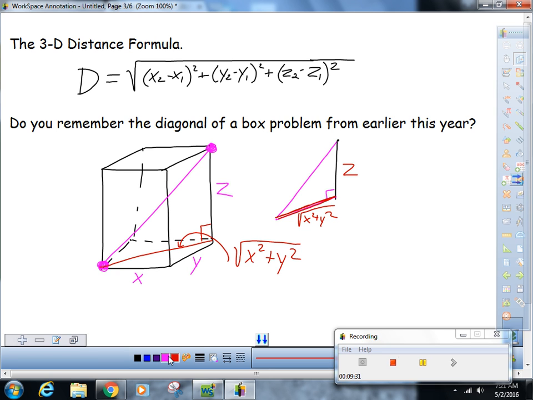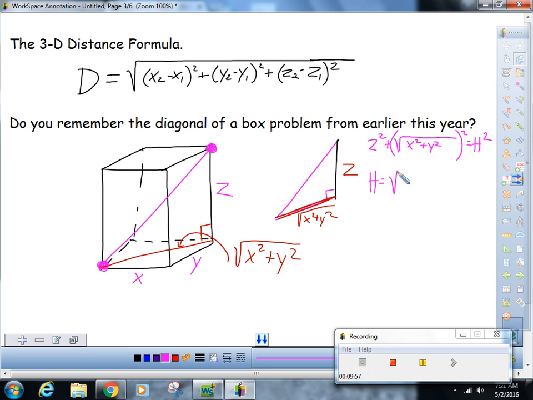So if I wanted to figure out what the hypotenuse was, I would do z squared plus the square root of x squared plus y squared, squared, equals h squared, right? So then what would h equal?